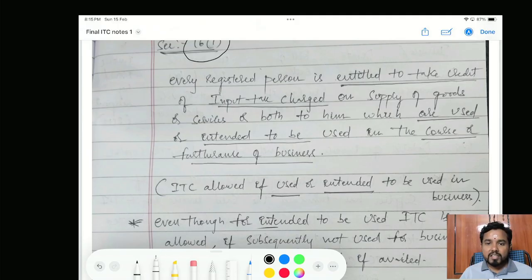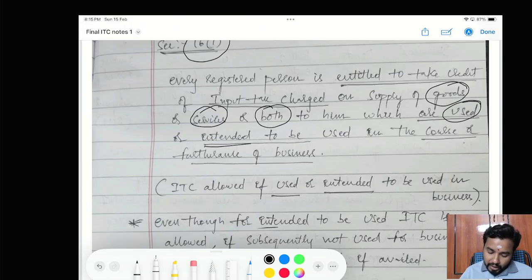Every registered person is entitled to take credit of input tax charged on supply of goods or services or both which are used or intended to be used in the course or furtherance of business. Simply speaking, every registered person is entitled to avail ITC if he is using or intends to use those goods or services in the course or furtherance of business.